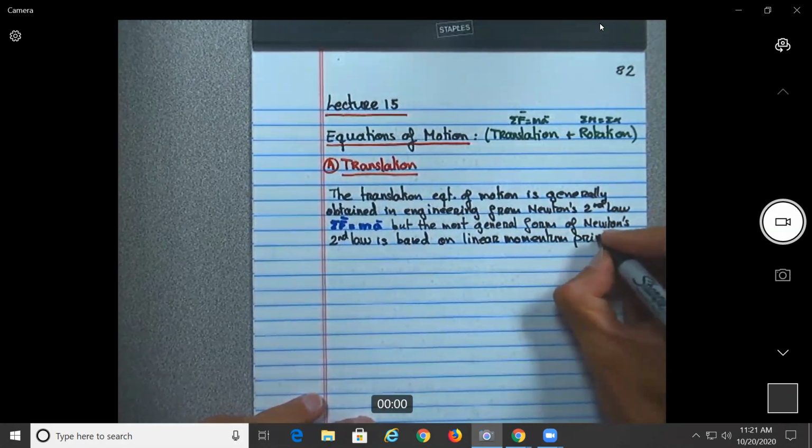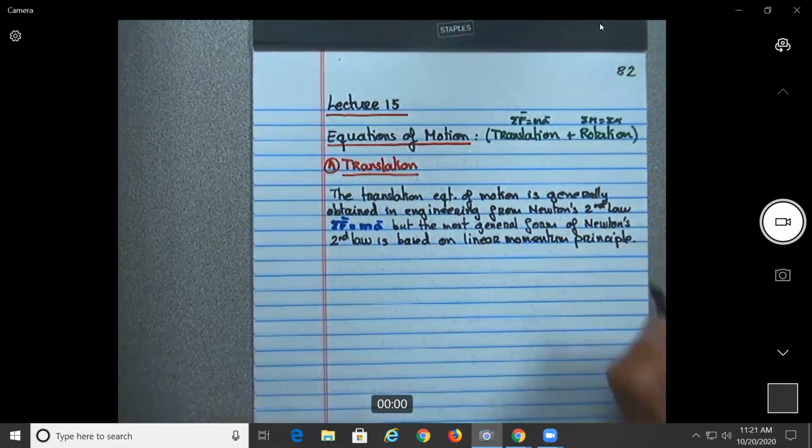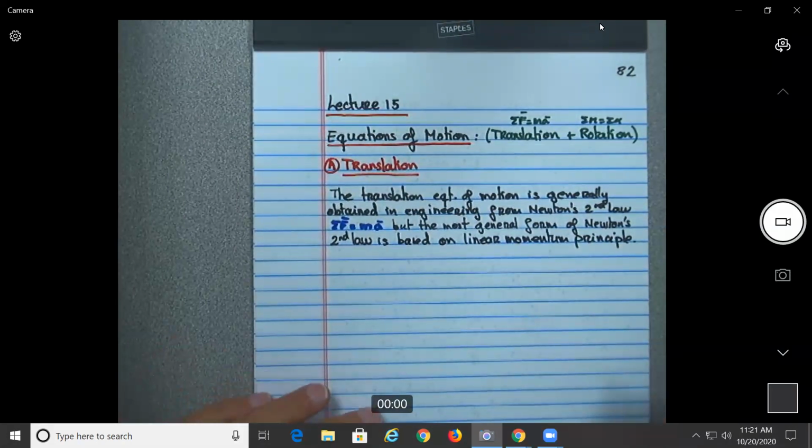I mean, if you try to write it, it sounds complicated. Once you write the equation, it's pretty simple. Okay, so basically, what is the most general equation?